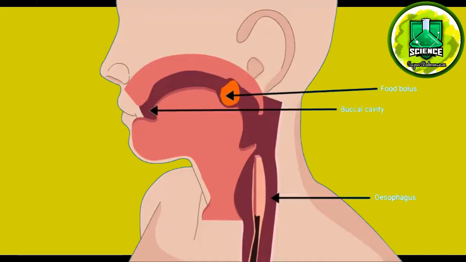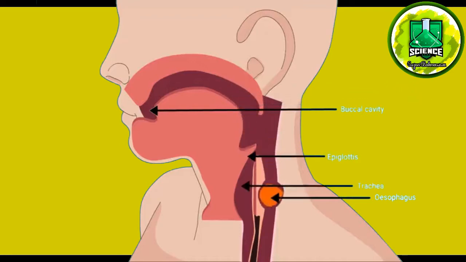Our saliva contains mucus. This mucus helps to make food balls. These food balls enter the pharynx.